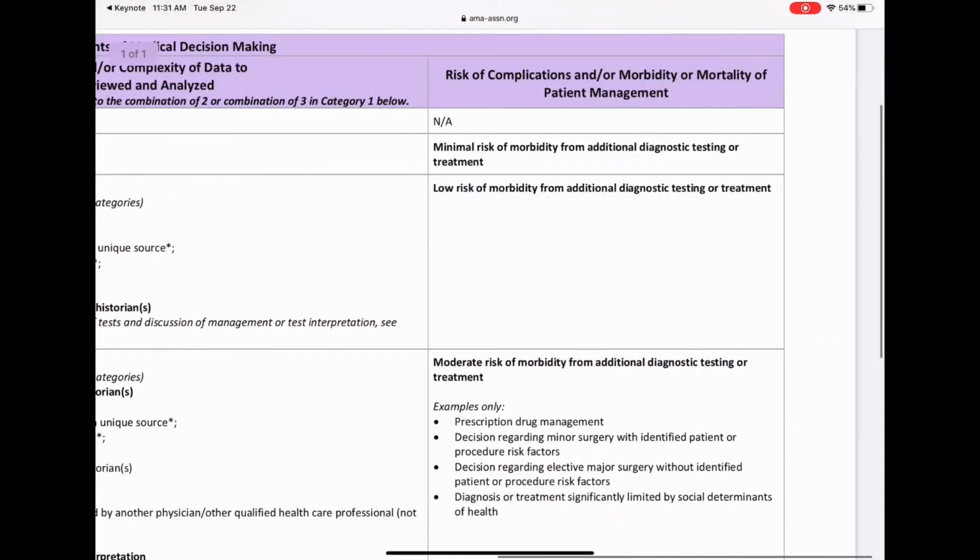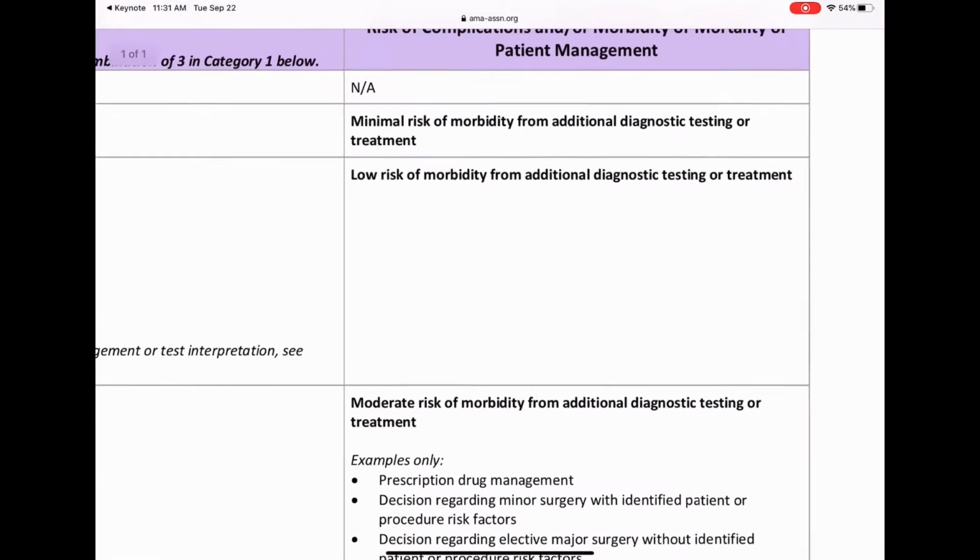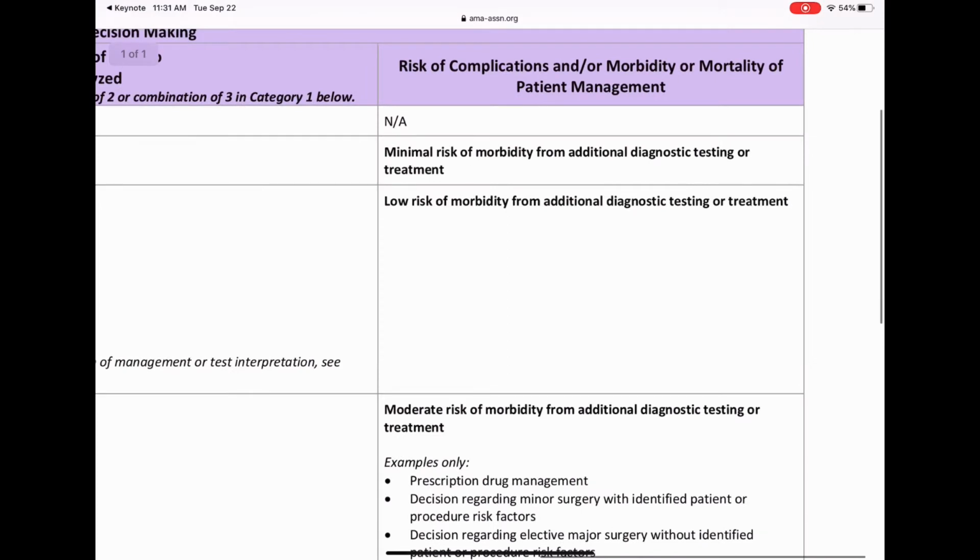So we're going to move on to the very last category, and then we're going to talk about how it all ties together. The very last category, in the final column, column 5, is the overall risk. This is like the risk table that you might remember from the 1995 and 97 guidelines. It basically asks, what is the overall risk to the patient, diagnostically and treatment-wise?